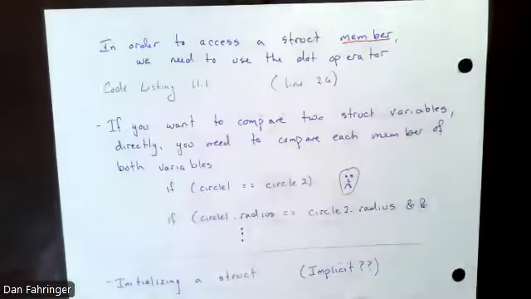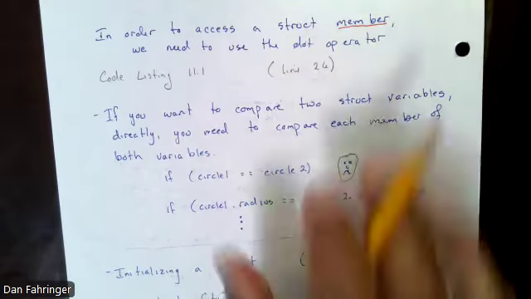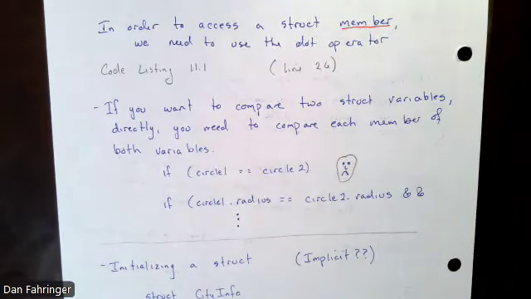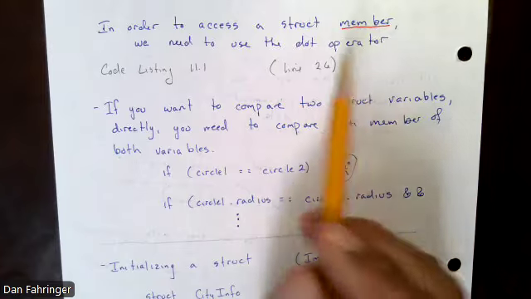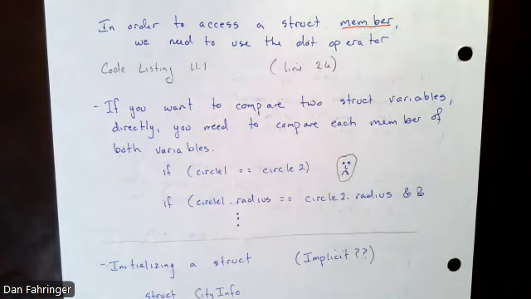Okay, coming over to this next page. The fields, the members, you're going to hear them called different things. I am in the habit of calling them fields, maybe not from this course, from another, but you're going to use something and it has a specific name. It's called the dot operator.